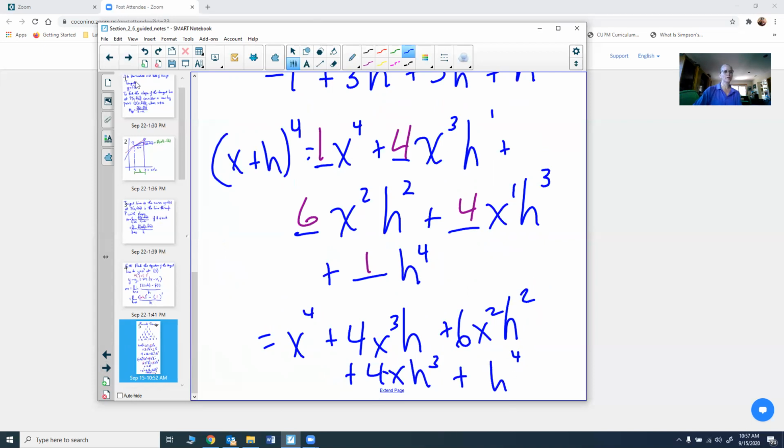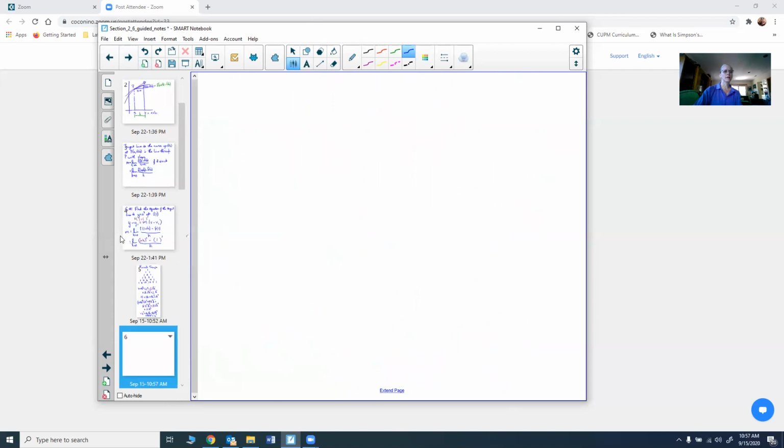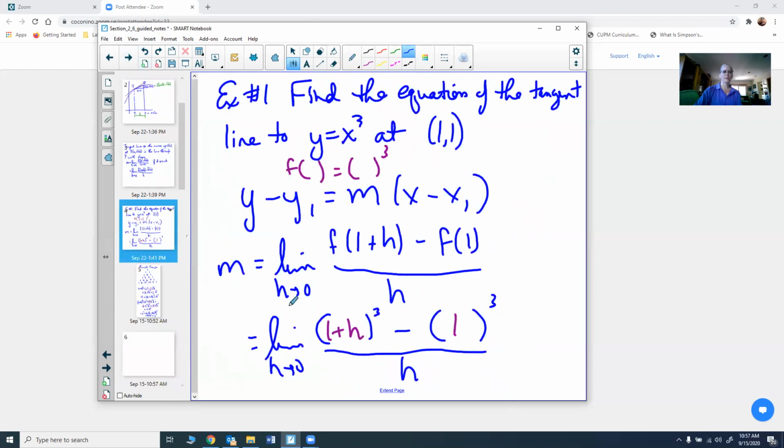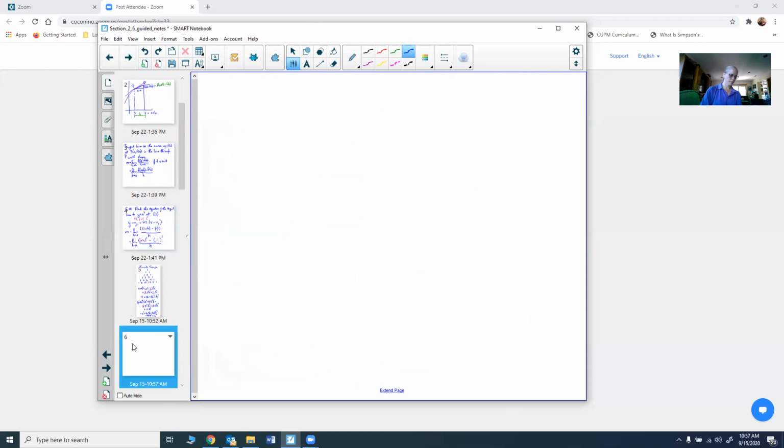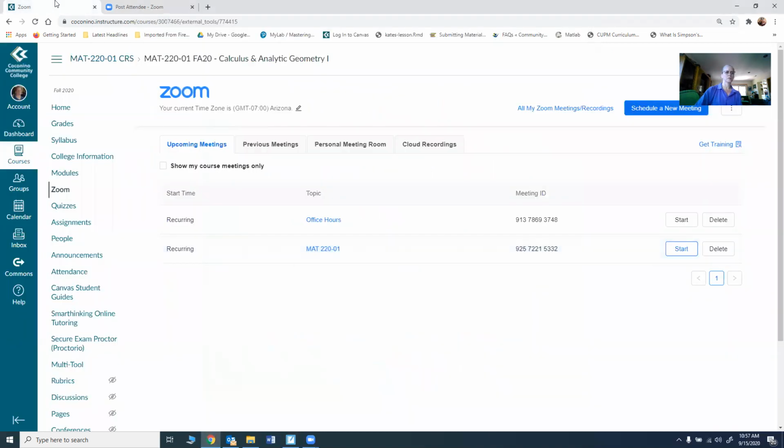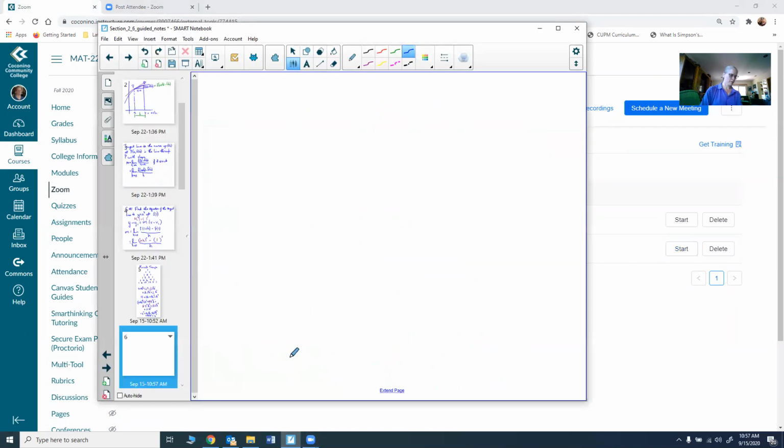So now let's go back to our problem. Back at our problem, we're trying to find this limit. My slope now is the limit. I haven't done the limit yet, so don't lose it.